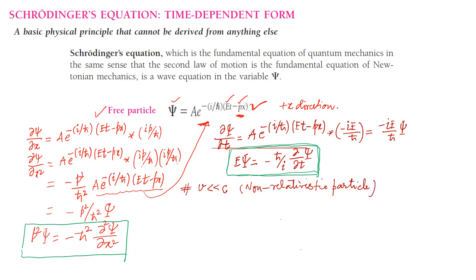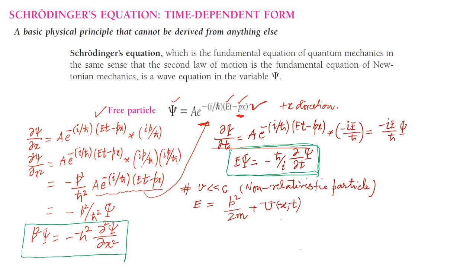For a non-relativistic particle, we know that the total energy of the particle E is equal to p square by twice m, this is the kinetic energy, plus the potential energy U. Because the particle is moving in the x direction, the potential energy depends upon x and t.